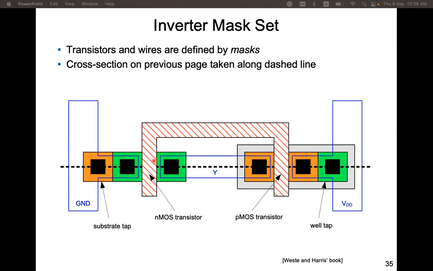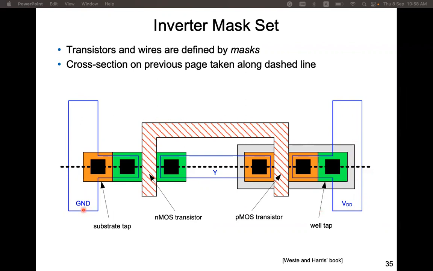For the inverter, the gate of the NMOS and the gate of the PMOS are connected together, so we just use one connected layer for the gate. And this blue rectangle represents the wire to the supply and the ground.